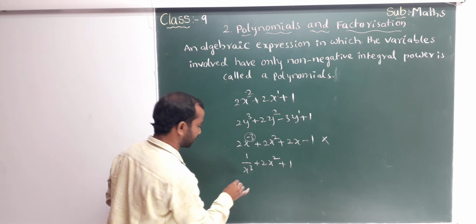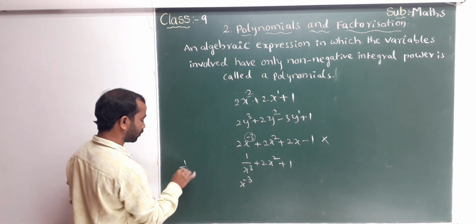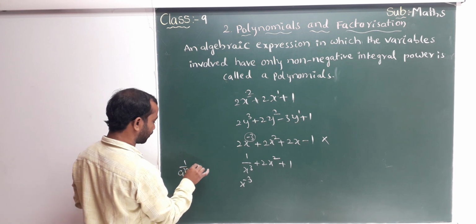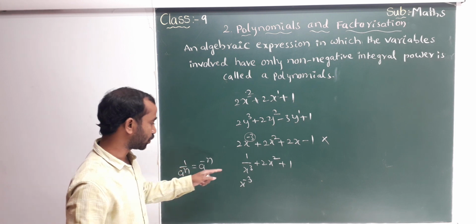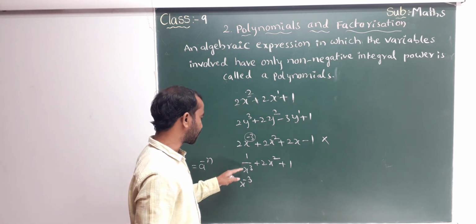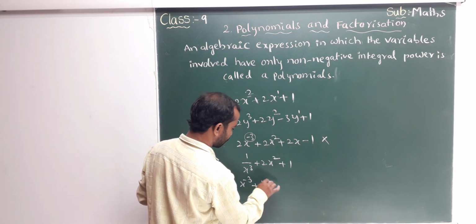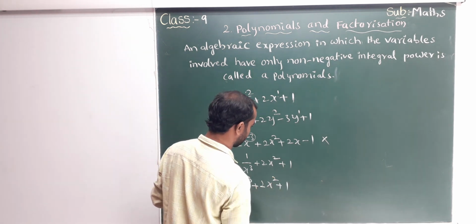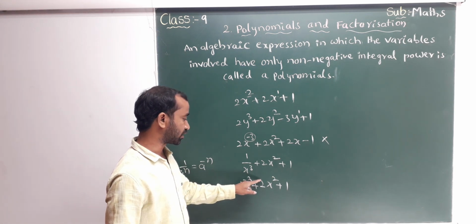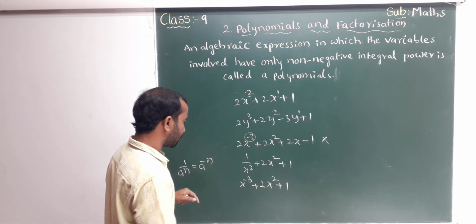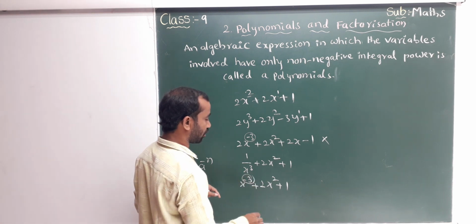This is written as x to the power of minus 3, since 1 by a to the power of n can be written as a to the power of minus n. So 1 by x cube can be written as x to the power of minus 3. Next, x to the power of minus 3 plus 2x square plus 1. Here the variable power is negative, so this is not a polynomial.